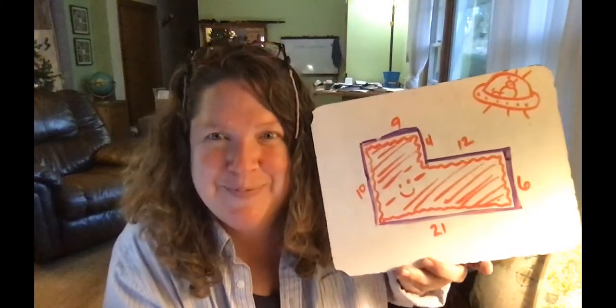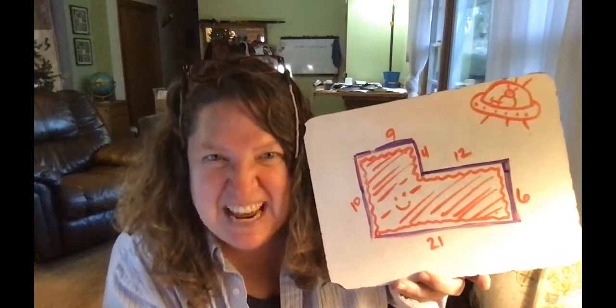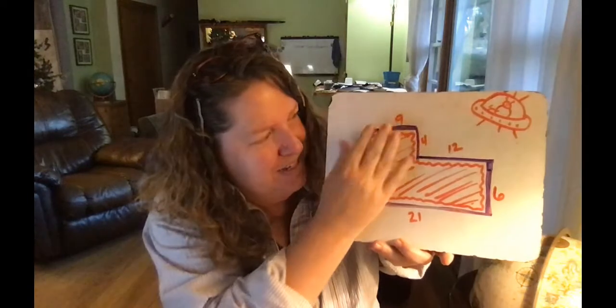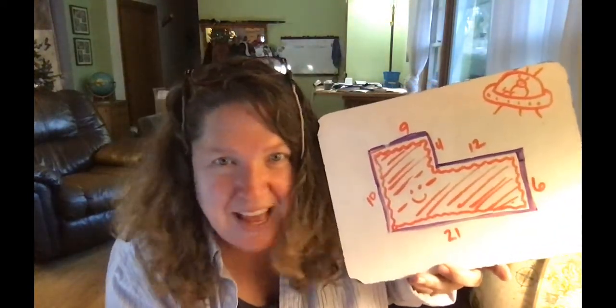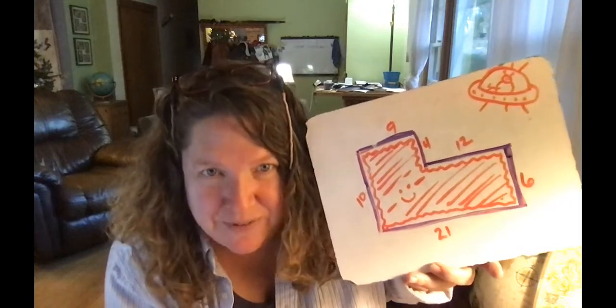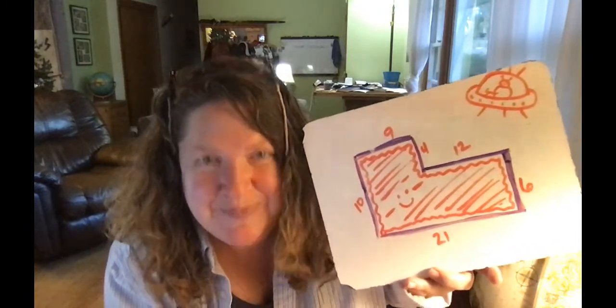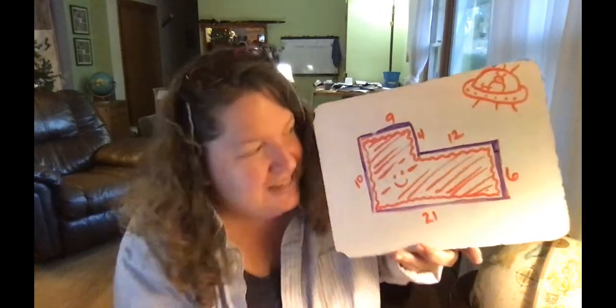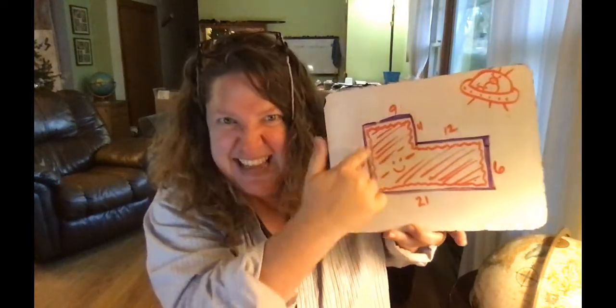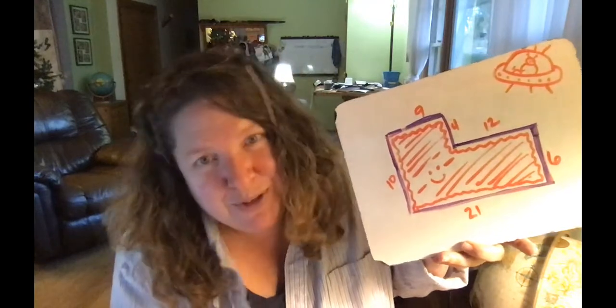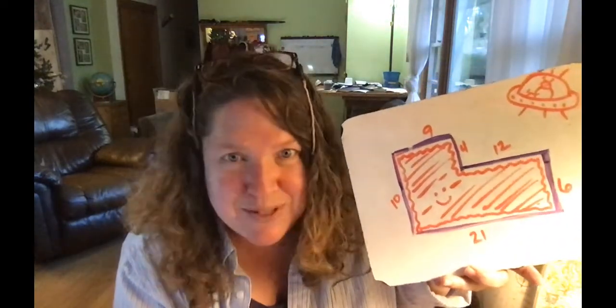All right, look what he does. He lays down flat and he spreads his body completely out. So he takes over the entire inside surface of that shape. That's area. Area is how much flat surface is inside a shape, whether it's rectangle or triangle or trapezoid, doesn't matter.